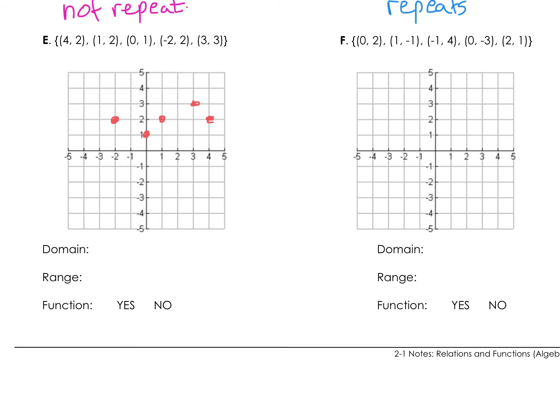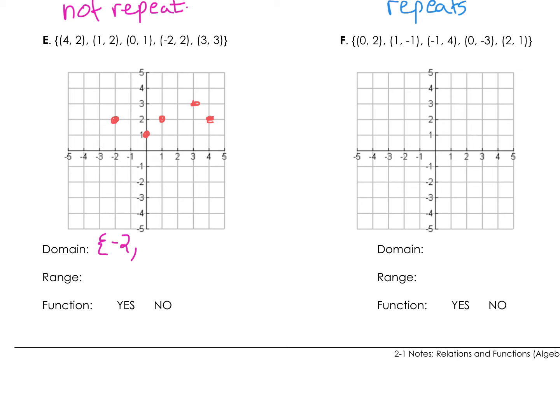So your domain is going to be your leftmost x value. This is the first point we come to on the left. Go down to the x-axis, it is negative 2. Or you can look at your ordered pairs like we did earlier, but I'm just looking on the graph. And then as I keep walking towards the right, this is the next point I come to, and go down to the x-axis.